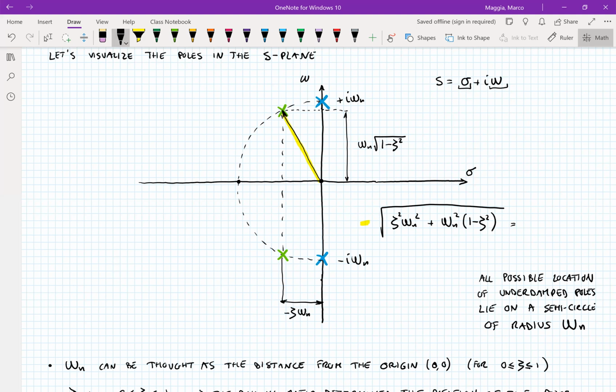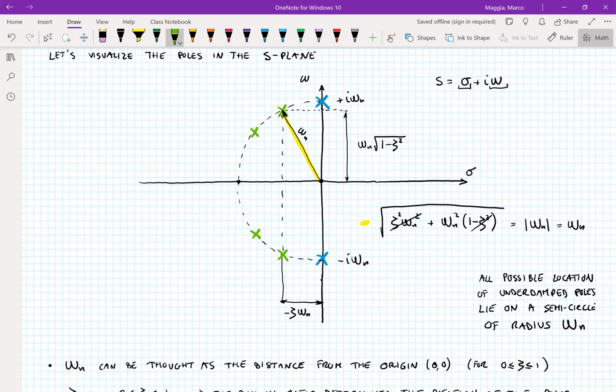And so we have that this goes away with this. So we're left with the absolute value of omega n, but since omega n is positive, this is simply equal to omega n. So the length is omega n. That's why, as I said, the poles can be anywhere on this semicircle of radius omega n.